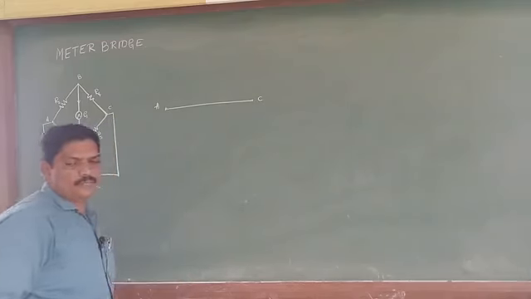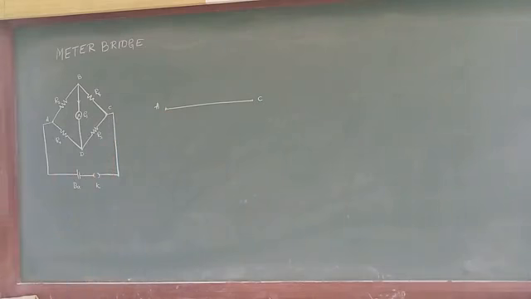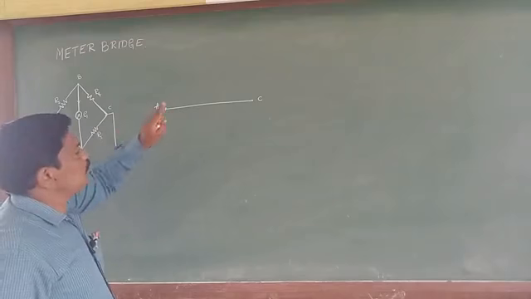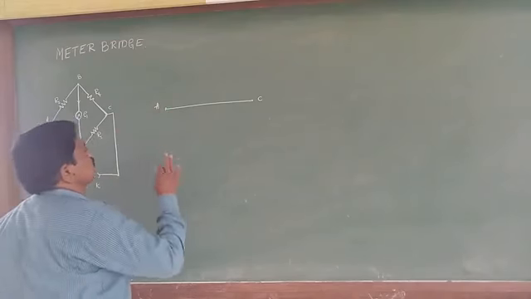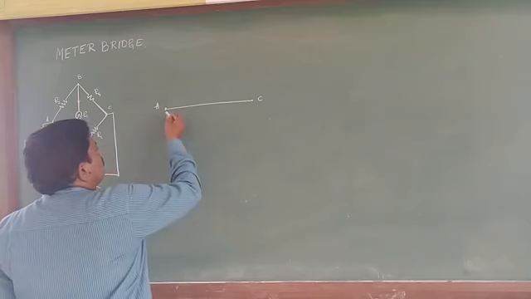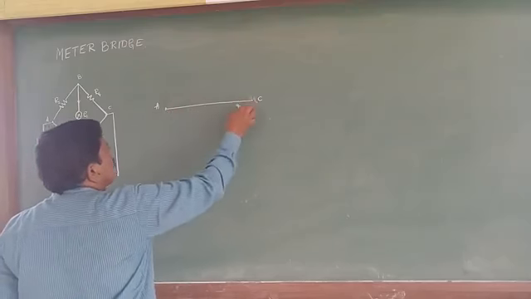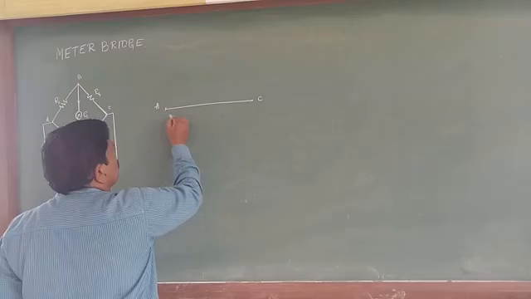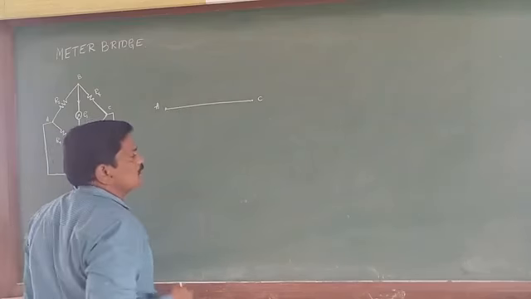This is the 1 meter wire which is connected between A and C. This 1 meter wire has some resistance, and it is usually fixed on a meter scale to measure the length.